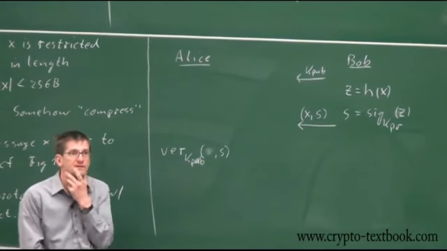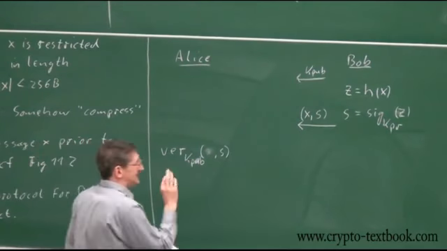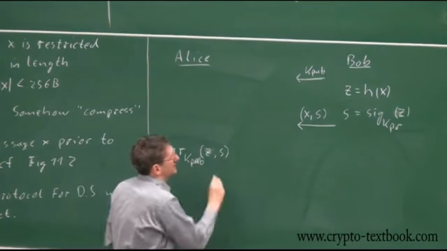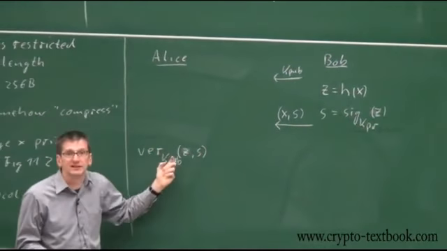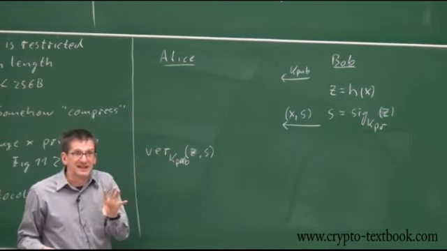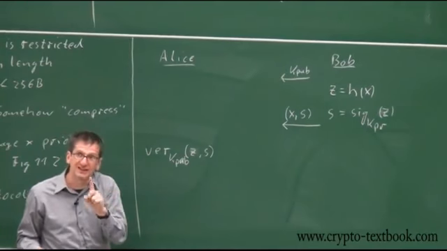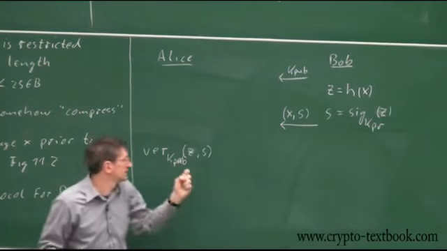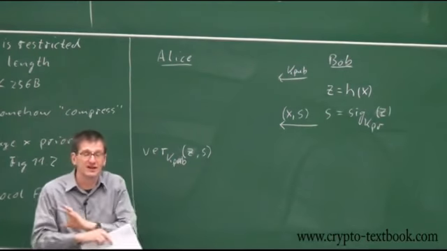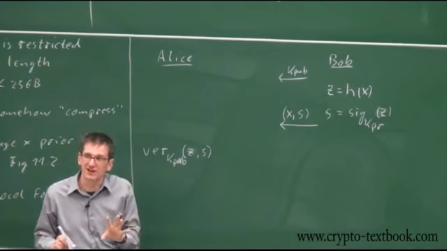Yeah, Z, exactly. So, very important. We signed Z here, right? So we have to verify that, okay? In particular, neither at the signing side nor at the verifying side, the message is directly involved anymore, okay?